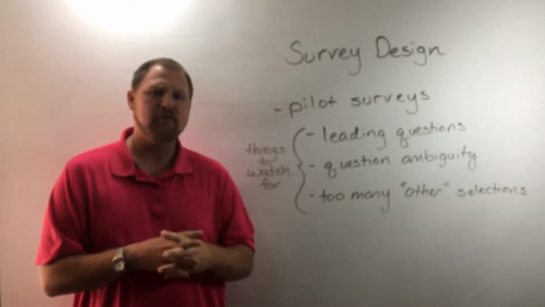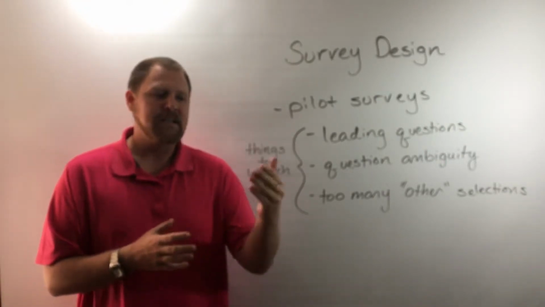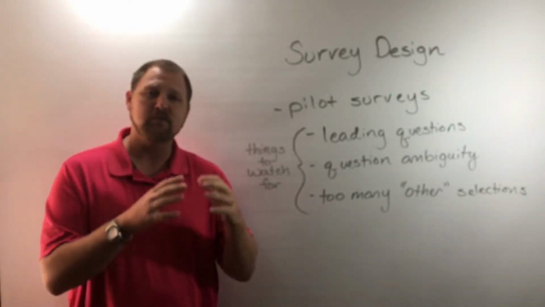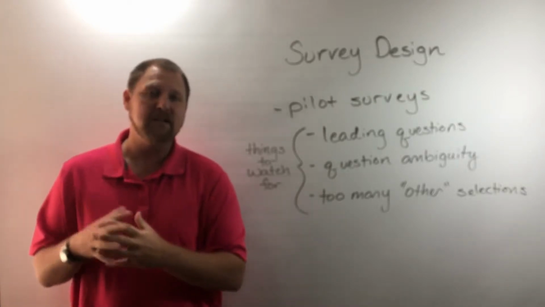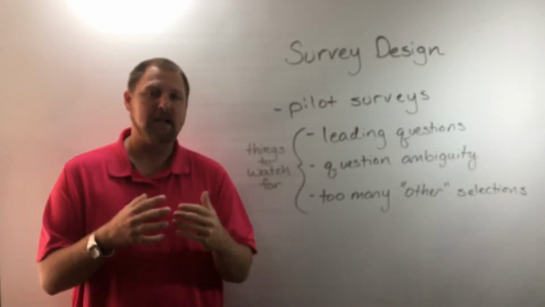Also, too many people selecting the other option or the no opinion option. These are things that you need to watch out for, and a pilot survey is a good way to do a small scale survey to see if your questions are basically good questions for whichever population you're trying to analyze.